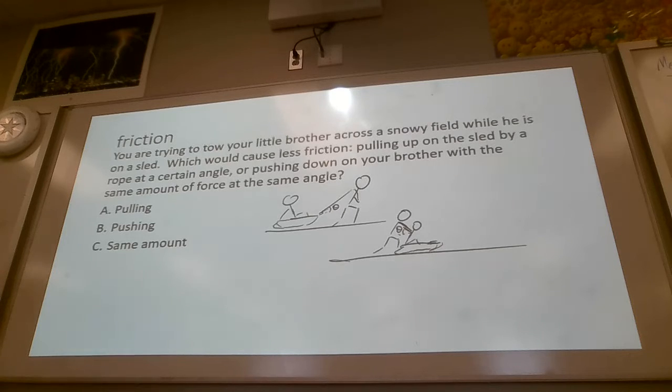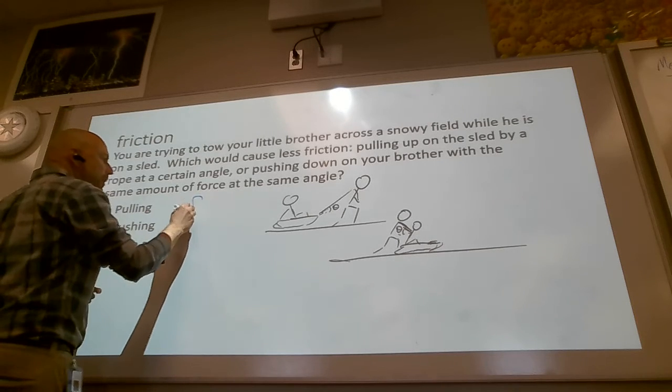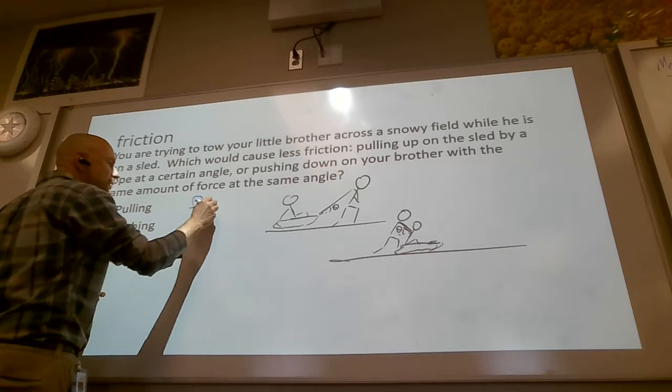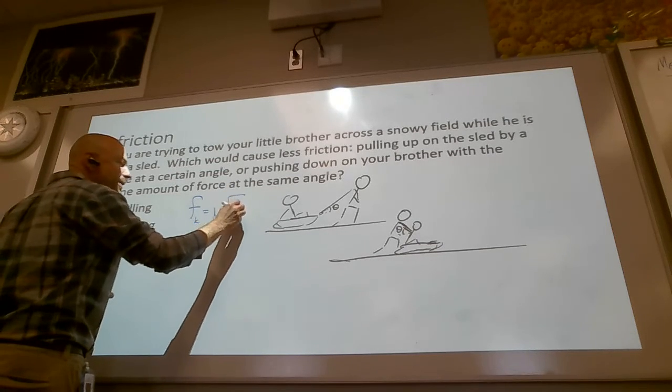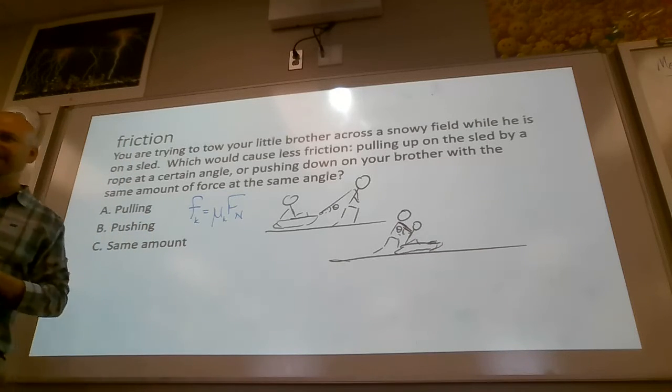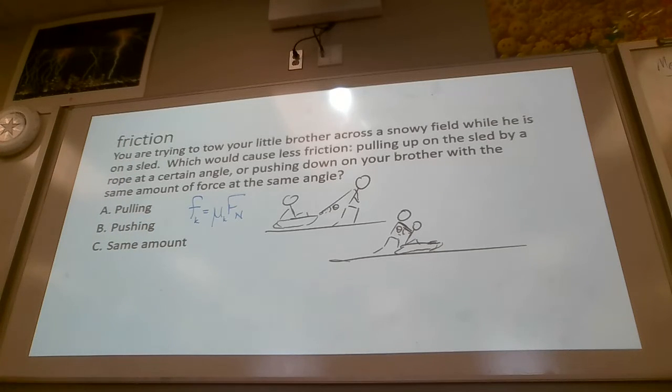Just pushing on them. Because you're pushing on the ground, it's just more. And hopefully your conversation incorporates that. So the force in the normal axis is more, which pushes downward, a bigger number compared to pulling, which is less.